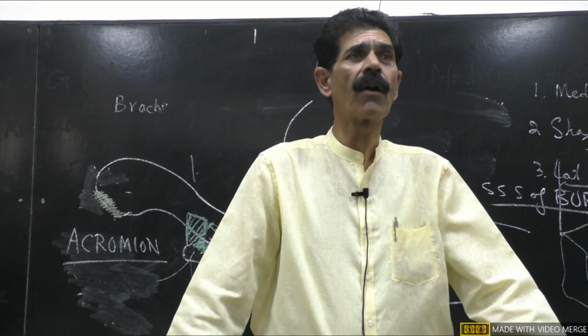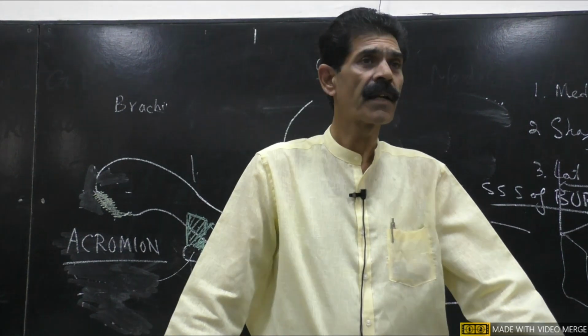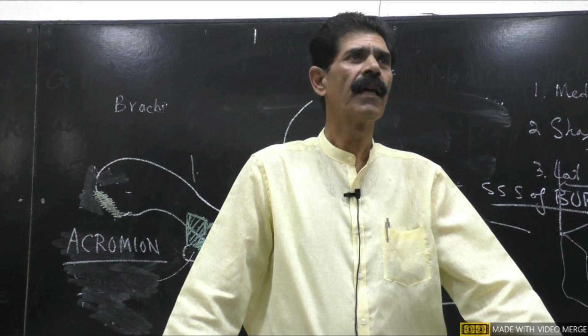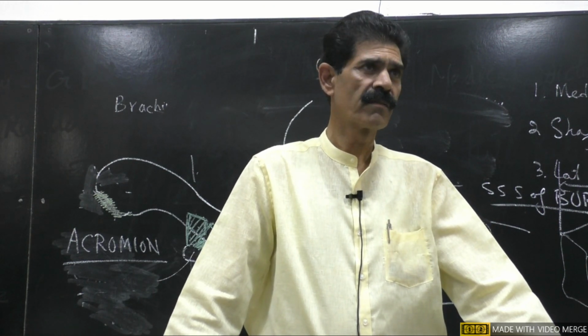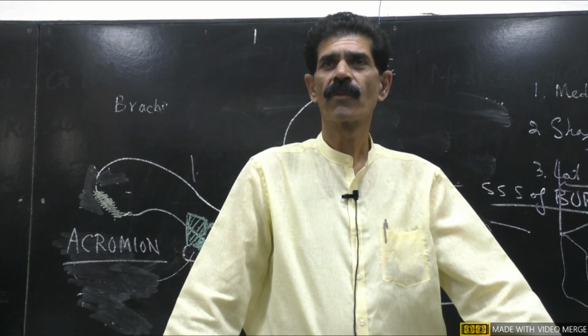Your book has given it wrongly. Your book is saying it is the medial 2/3. Correct it. The same is being asked in the viva, and people who have not attended classes are getting 0 marks. So that is the difference.